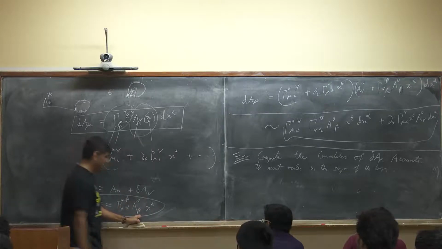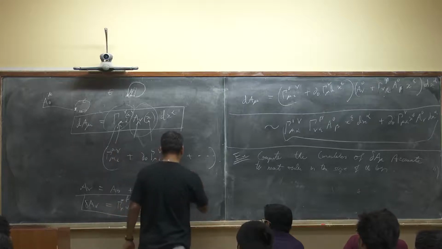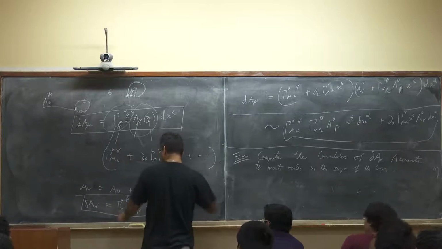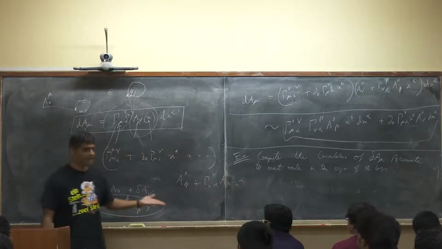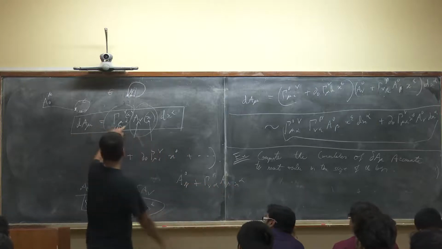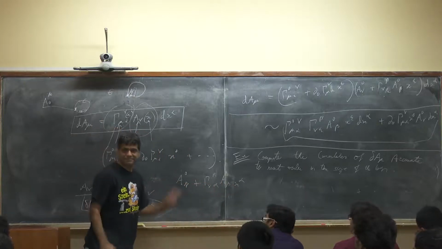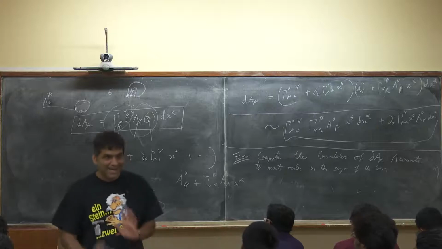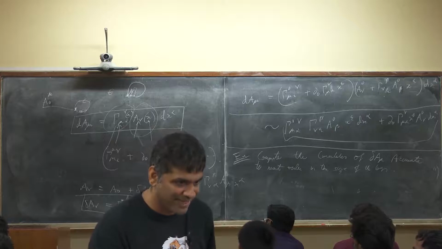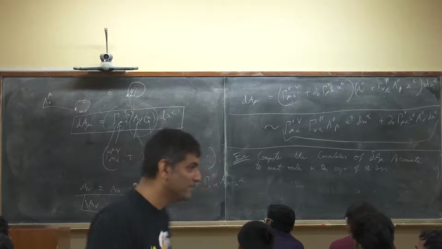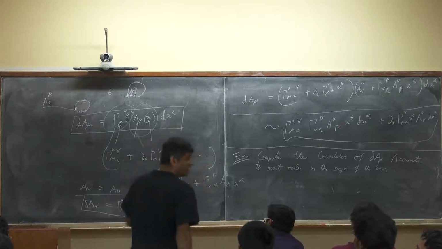To first order, it is A naught nu plus gamma nu beta alpha A naught beta x alpha. This is well defined, not necessarily for x along the curve, but everywhere. At second order, there's an obstruction to doing this. What is the obstruction? The obstruction is precisely the effect we've calculated.